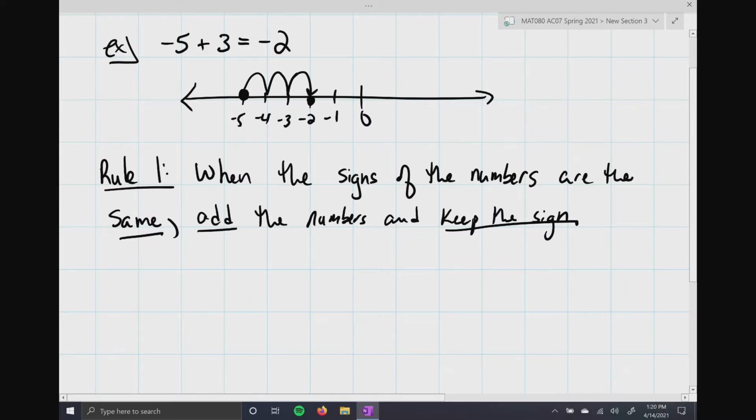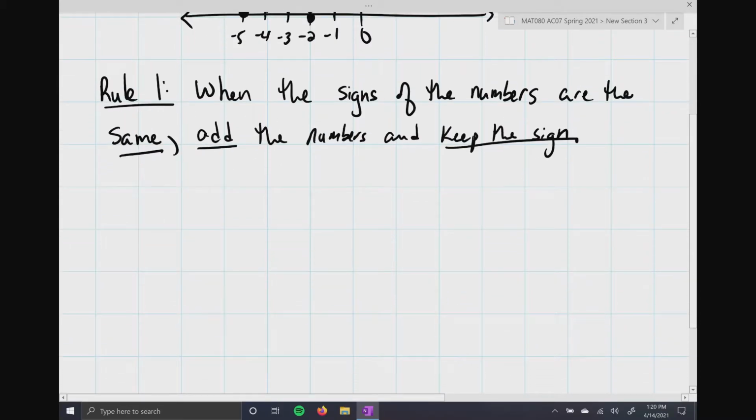All right? So what this allows us to do now is look at examples like this. Now this one is going to be really easy. $314 plus 123.